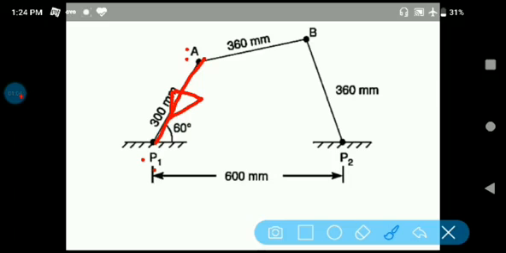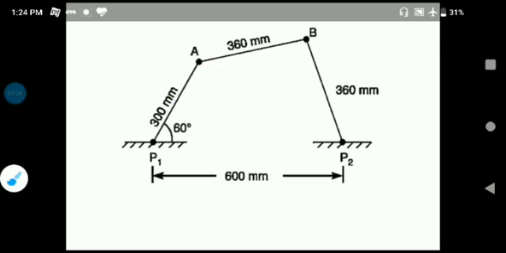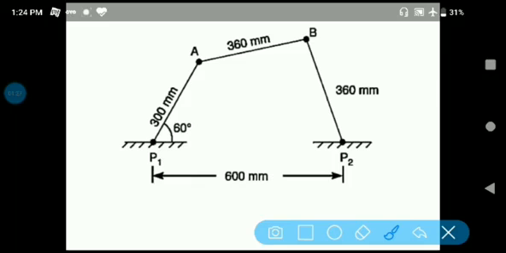And now regarding the tangential component of acceleration, we know that it will be perpendicular to the normal component. In that case, the line of action of the tangential component of acceleration of point A relative to P1 will be perpendicular to link AP1, and the actual direction will be along the direction of angular acceleration.